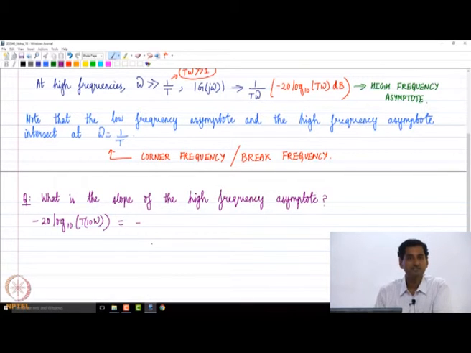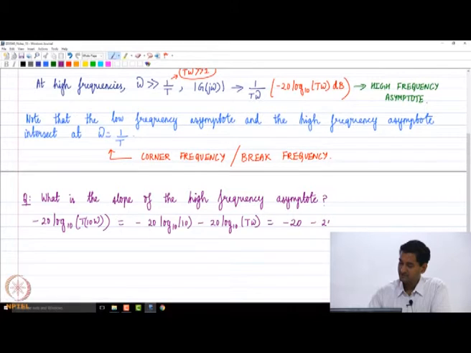Here I can rewrite this as minus 20 log to the base 10 T omega, and the first term is going to be minus 20, and minus 20 log to the base 10 omega.